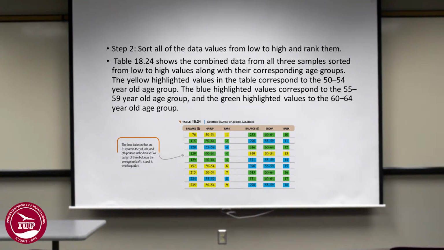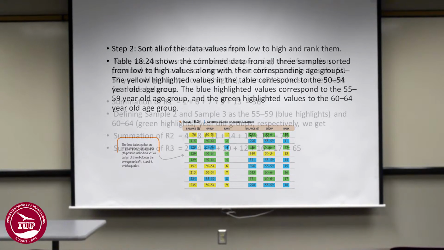The yellow highlighted values correspond to the 50 to 54-year-old age group, the blue highlighted values correspond to the 55 to 59-year-old age group, and the green highlighted values to the 60 to 64-year-old age group.